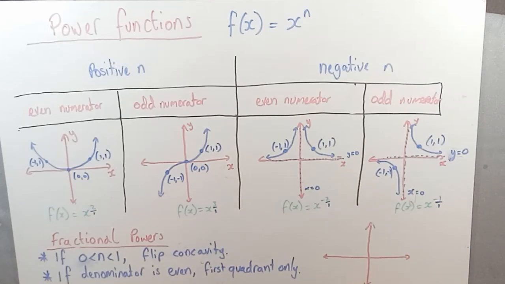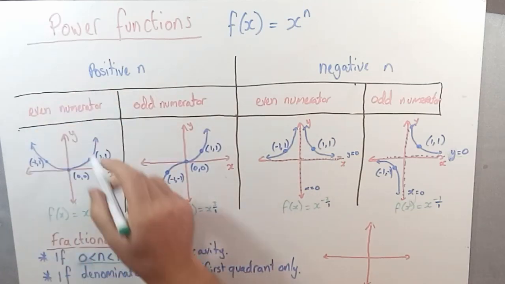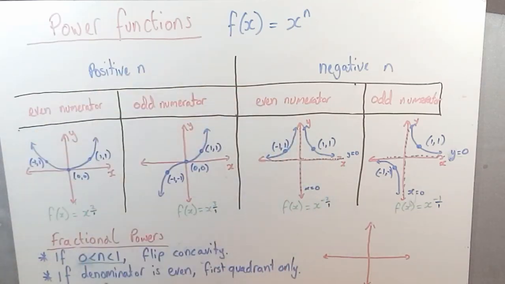Okay. Now, there's two little rules you've got to remember on top of that to get various other shapes. Okay, so if n is between 0 and 1, so that only includes these positive ones. So in these two sections, between 0 and 1, it's still positive. Okay, we need to flip the concavity of the curve.